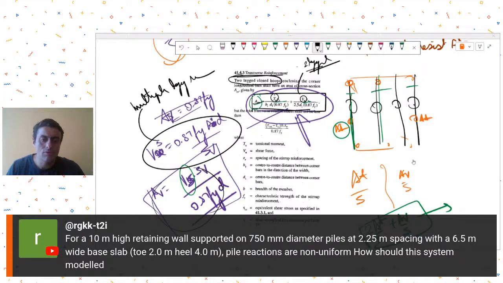Mr. Raghu is asking for a 10-meter high retaining wall supported on 750 dia piles at 2.25 meter spacing with a 6.5 meter base. How should this system be modeled? No, no. How have you come up with all these spacings first? How have you come up with all these values?